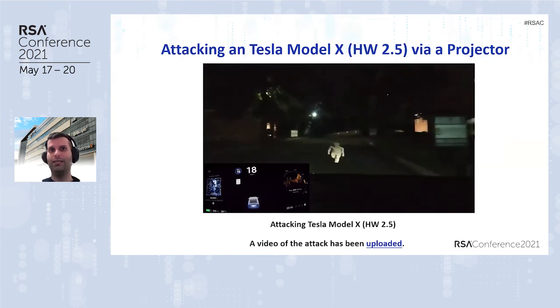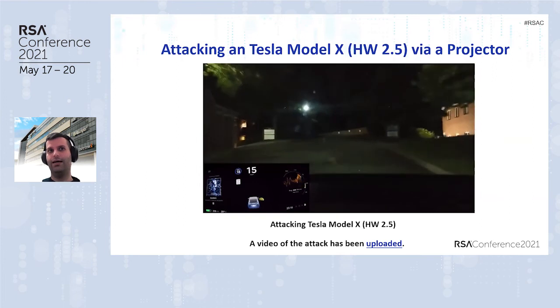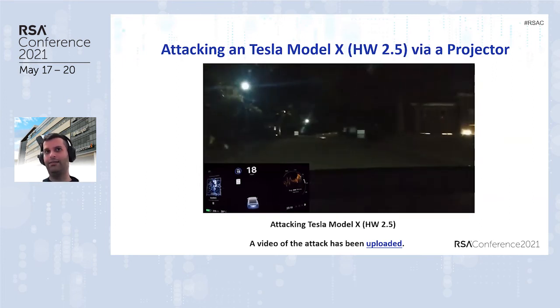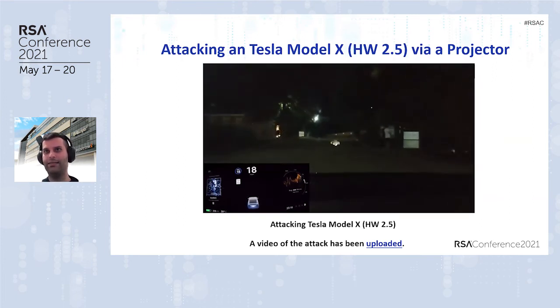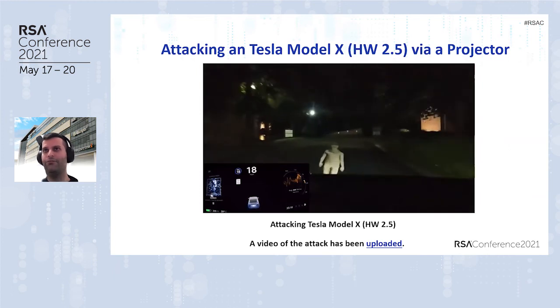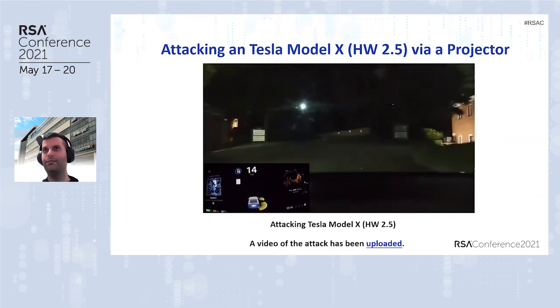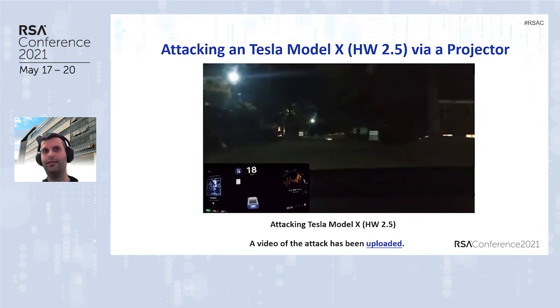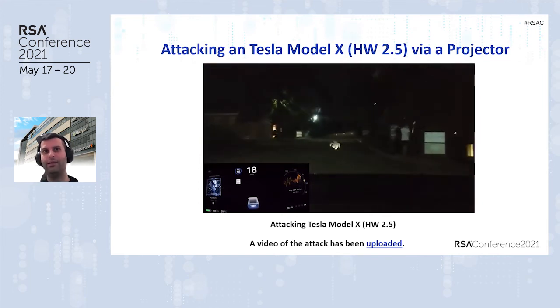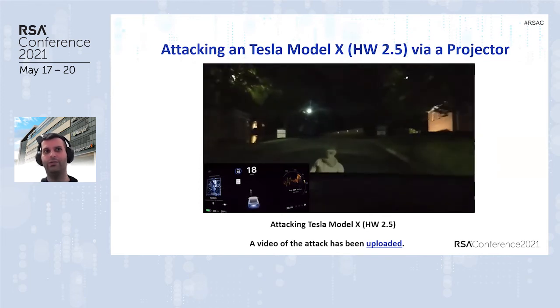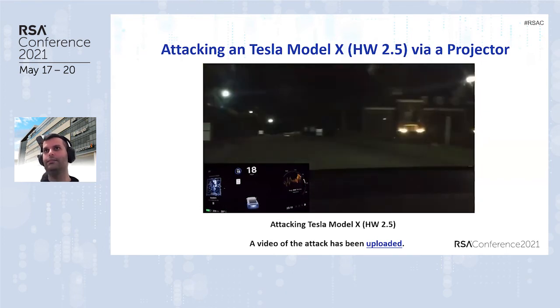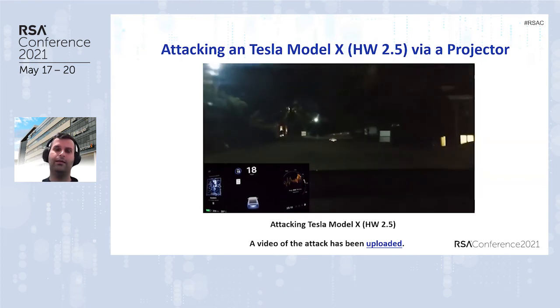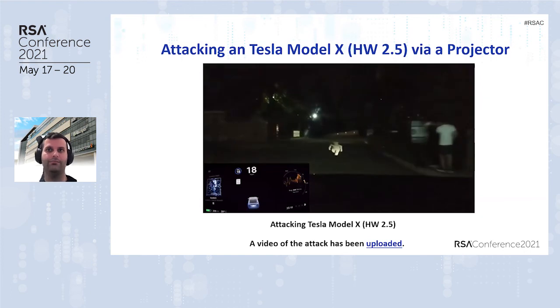You can see how the car detects the pedestrian and immediately and automatically reduces its speed from 18 miles per hour to 14 miles per hour. You can see it again, the car is driving at 18 miles per hour, and right now it decreases speed because it detects a pedestrian.